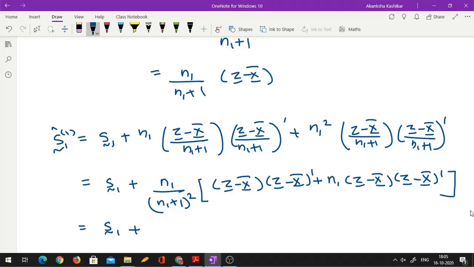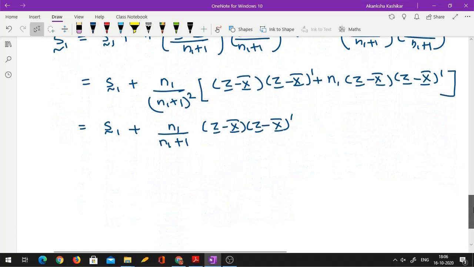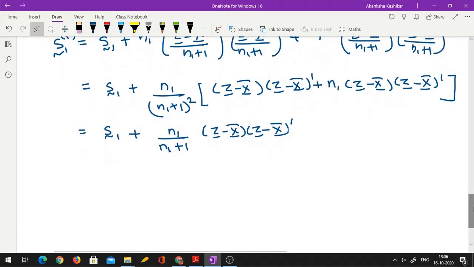So this becomes S1 plus n1 upon n1 plus 1 into z minus x bar prime. Okay. So this is my estimate of the CSSP matrix under the assumption that Z comes from the first population.